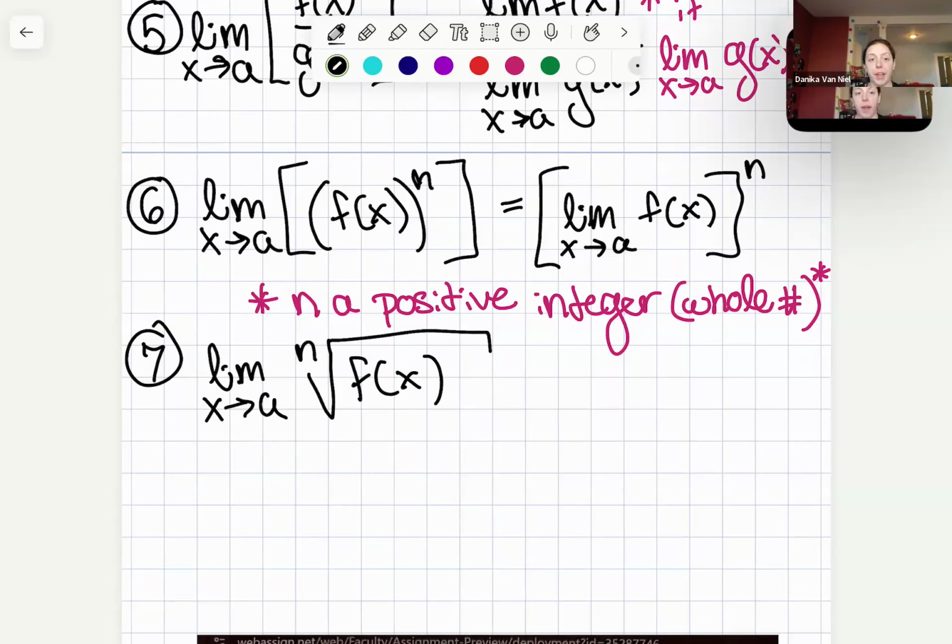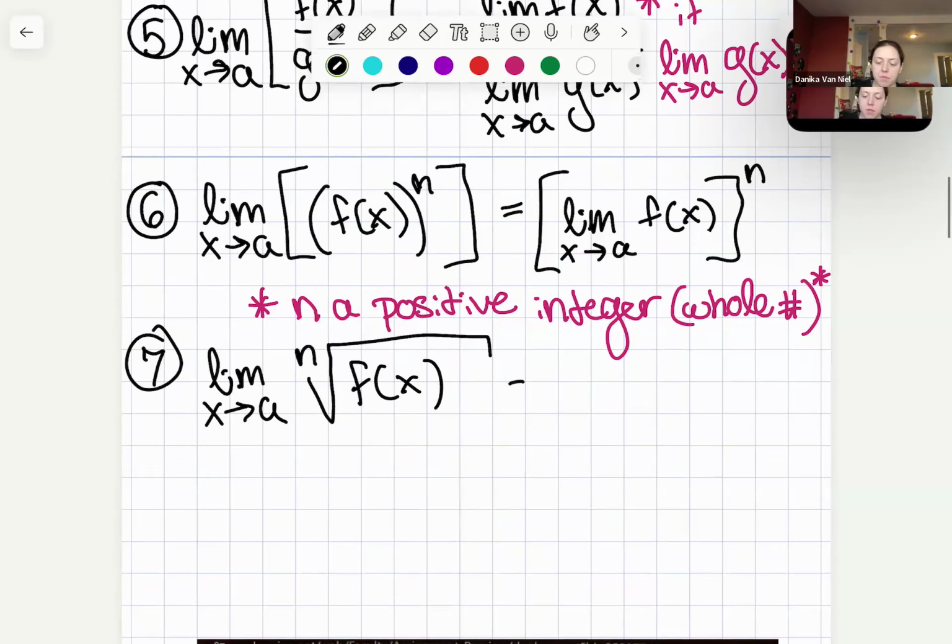I know how to take the limit of something inside of a cubed root, fourth root, fifth root, but thinking about the 17th root of it, I'm like, oh my gosh, that's breaking my brain. Well, if the limit of the inside exists, and one other thing that we need to think about, we can bring the limit inside.